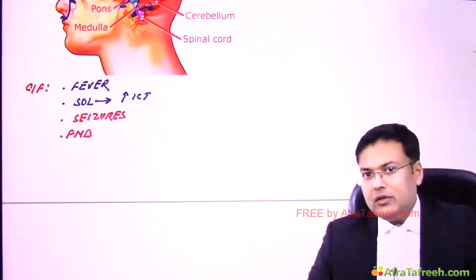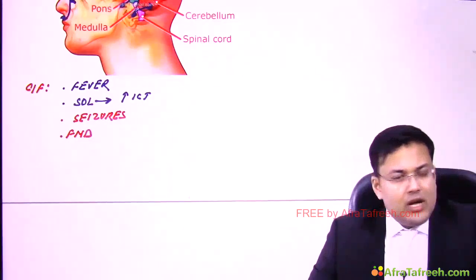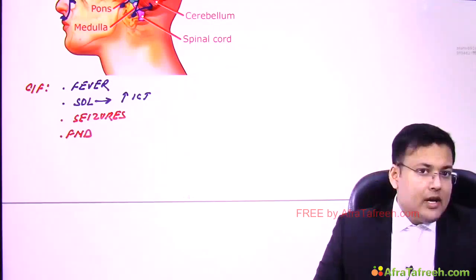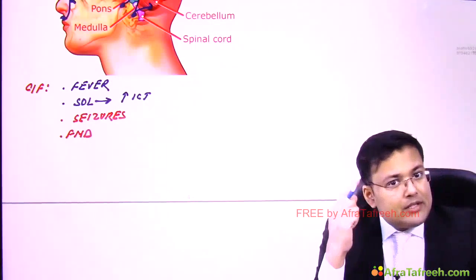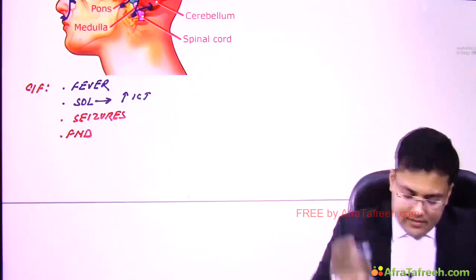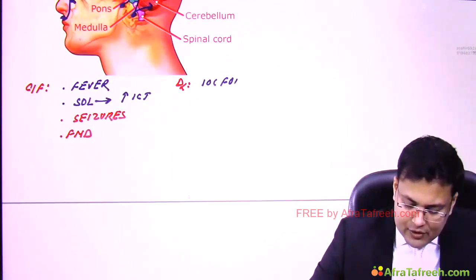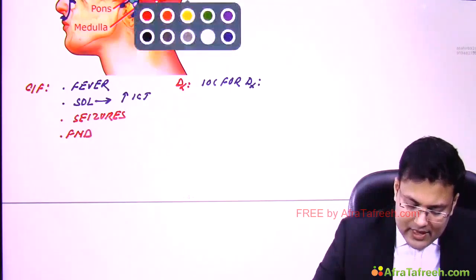Right? Now coming to the investigation. You know that the investigation of choice for diagnosis of brain abscess is MRI. If you go for CT, there is presence of ring enhancing lesions. So see the diagnosis. Important question: what's the investigation of choice for diagnosis? It's MRI.